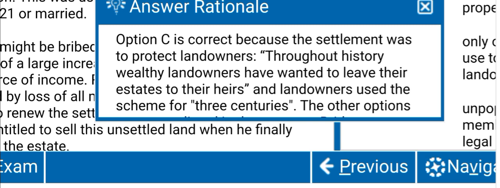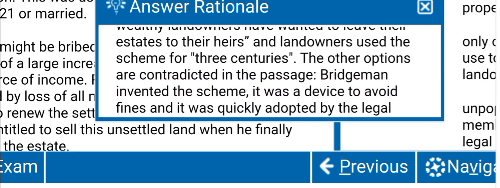Throughout history, wealthy landowners have wanted to leave their estates to their heirs. And landowners used the scheme for 3 centuries. The other options are contradicted in the passage.